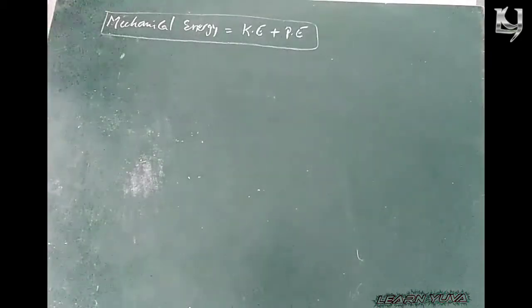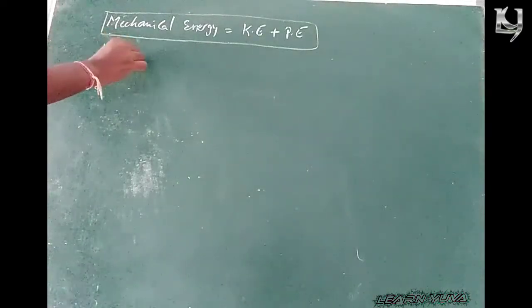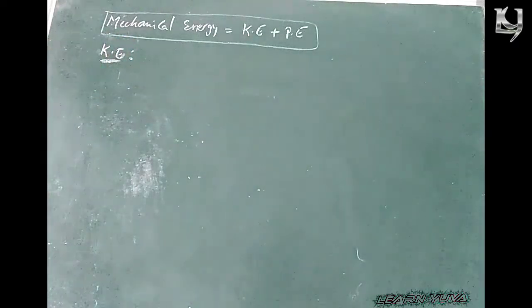Now, kinetic energy. Kinetic energy is nothing but when a body possesses, we can say a body possesses kinetic energy, which means if a body is in motion, then that body possesses kinetic energy.